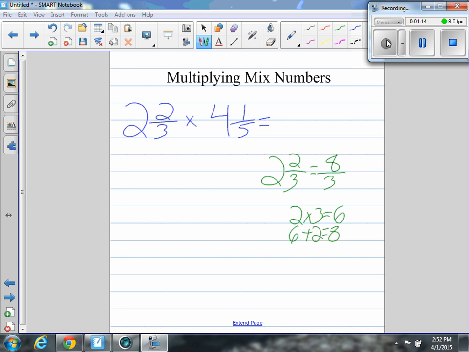Denominator stayed the same. What I always do is go back underneath my original problem where I write my answer. So 2 and 2/3 is the same as 8/3. If I want to go ahead and cross this off so I don't use it, that's fine.